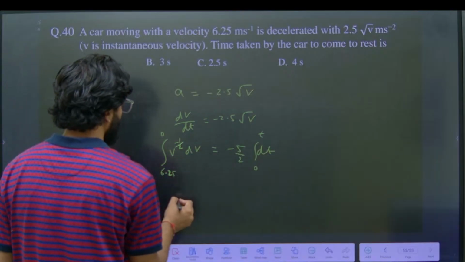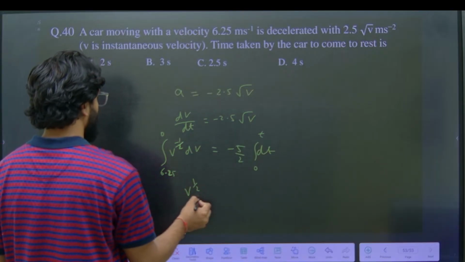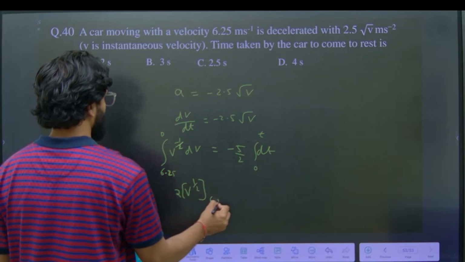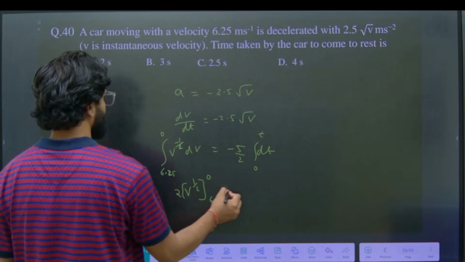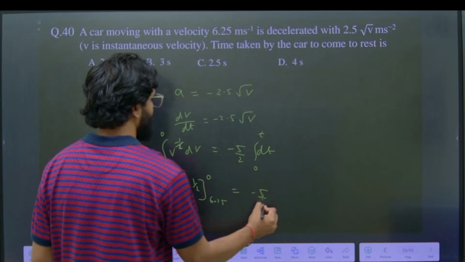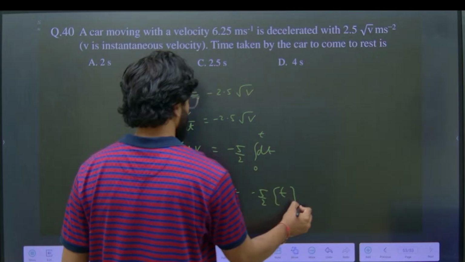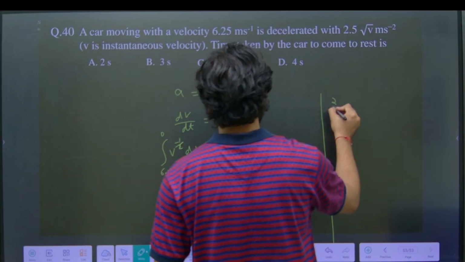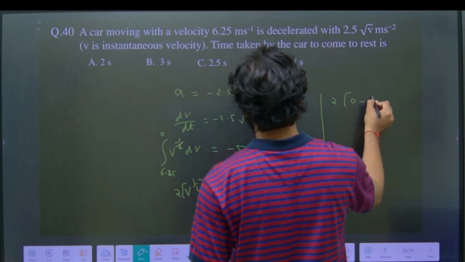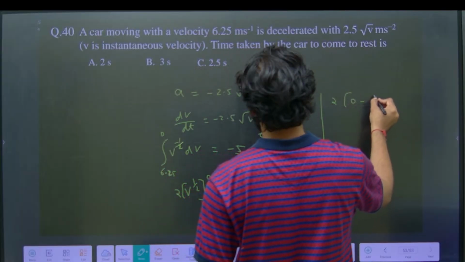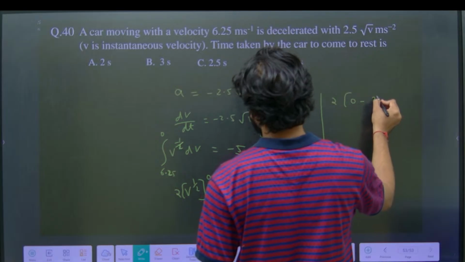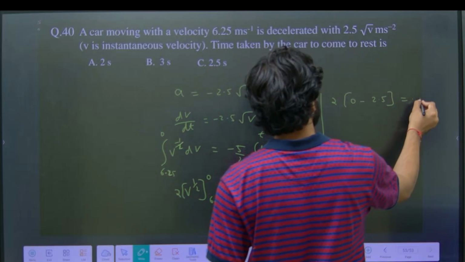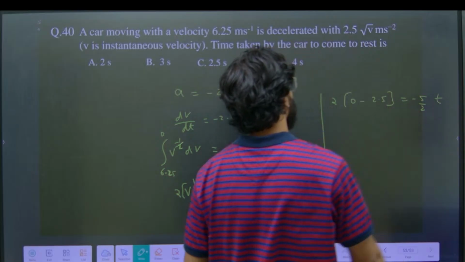After integration, 2 times v to the power 1 by 2 from 6.25 to 0 equals negative 5 by 2 t, from 0 to t. So let's solve it. 2 into 0 minus root of 6.25, which is 2.5, equals negative 5 by 2 into t.